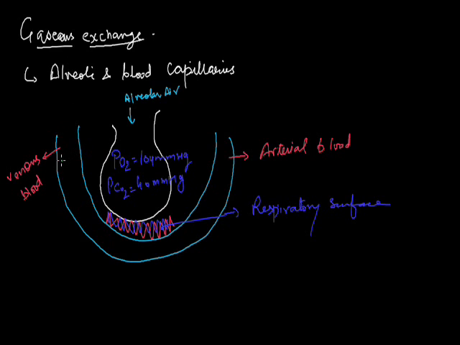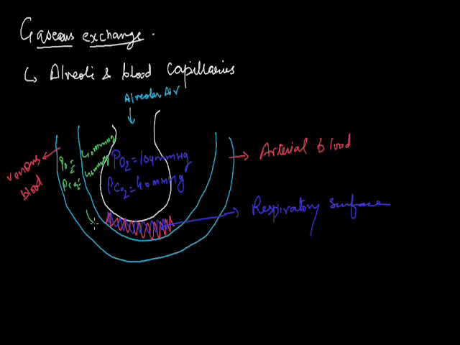Suppose we talk about the venous blood, here the oxygen has a pressure of 40 mmHg, and the carbon dioxide has a pressure of 46 mmHg. Why is it so? Because this is the venous blood, which is the impure blood, and the impure blood has less oxygen but more carbon dioxide, which is produced in cellular respiration. That's why the carbon dioxide has more pressure here and the oxygen is less.